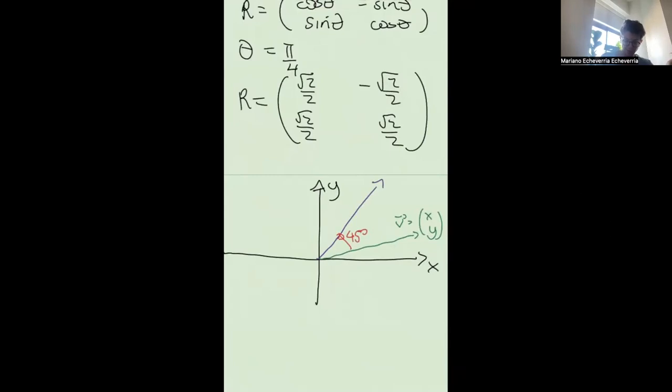The idea is you literally just copy paste the entries of the matrix. The ones in the first row go into the first entry of the vector. The ones in the second row go into the second entry of the vector. That's easy to remember. And then you put x, y, x, y. So you get this.